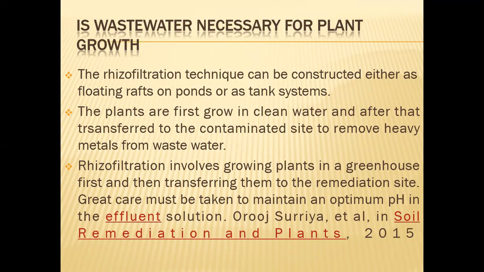The plants are first grown in clean water and afterwards transferred to the contaminated site to remove heavy metals from wastewater. It means we grow these plants first in clean water and then move them to the contaminated site. Rhizofiltration involves growing plants in a greenhouse first and then transferring them to the remediation site. Great care must be taken to maintain an optimum pH in the effluent solution. Moving to the next slide.